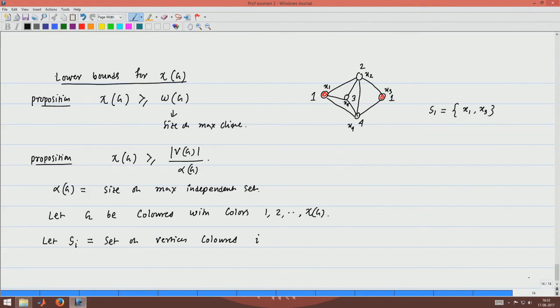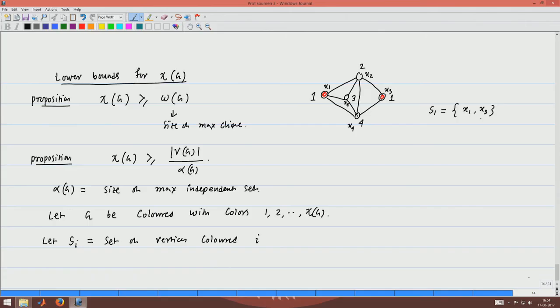If you remember, the independent set is the set of vertices such that no two of them are adjacent. So, x1 and x3 are not adjacent, that is why you can give them the same color. This is also sometimes called the color class.